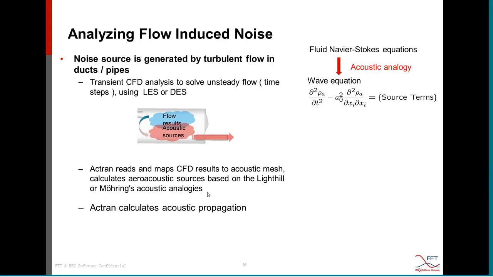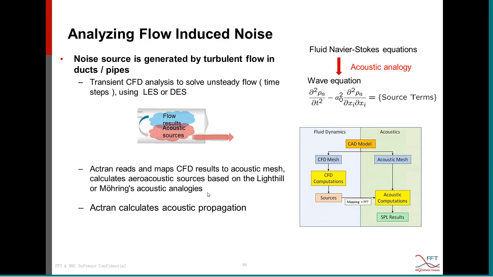And when the aeroacoustic source is calculated, the Actran acoustic solver will be able to simulate the propagation of that source into the exhaust outlet. So the process is really divided into two tracks. On the left, we have the fluid dynamics, CFD track, and on the right side, we have the acoustic track.